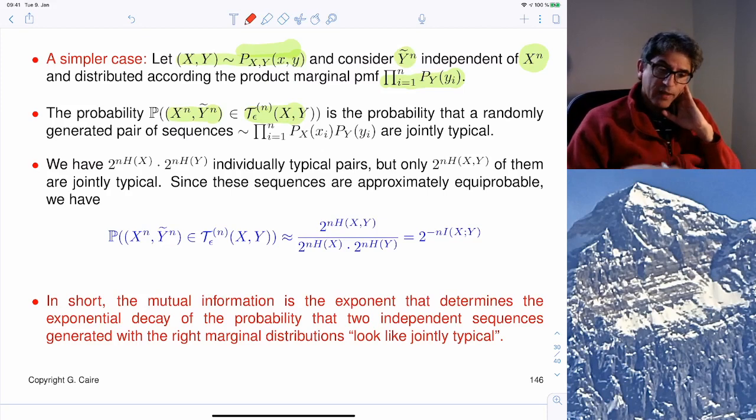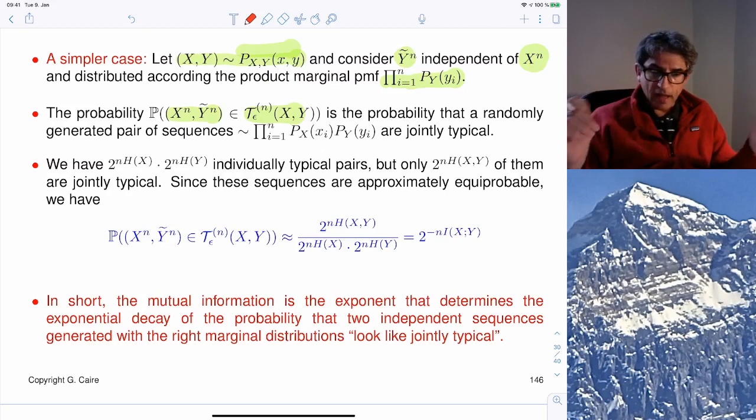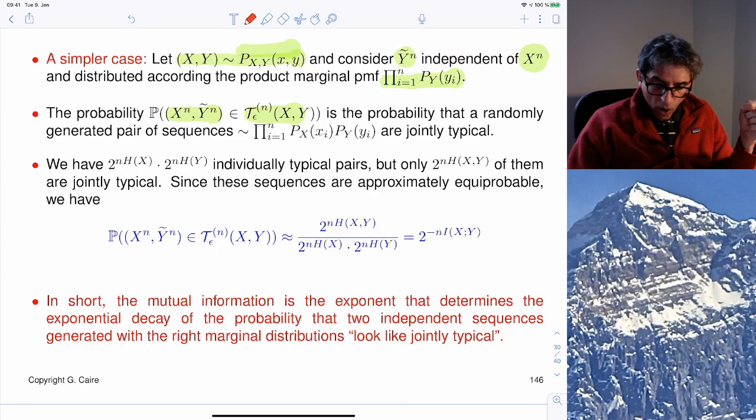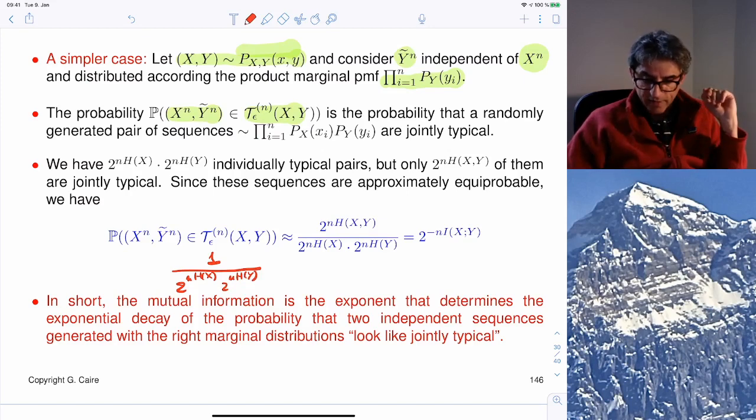So basically, all the pairs x and y tilde are essentially equiprobable, and their probability is in fact 1 over the size of the Cartesian product of their corresponding typical sets. Because we have equipartition property, the probability spreads uniformly over this set.